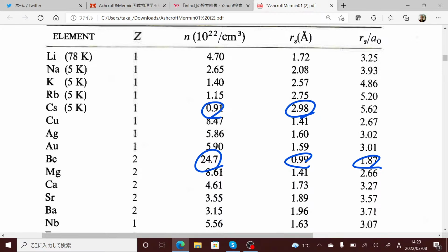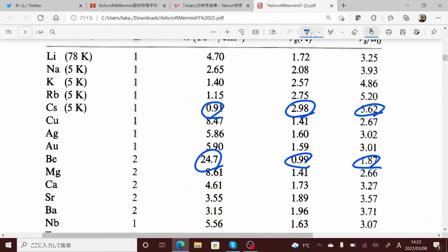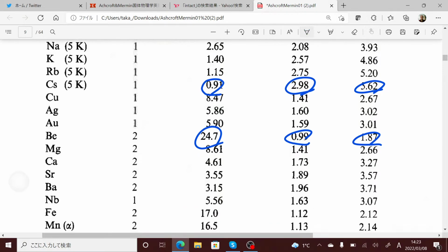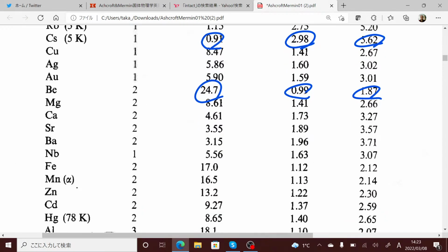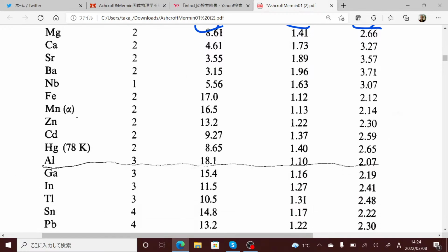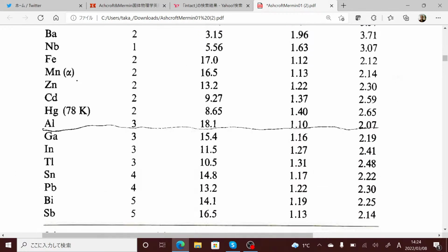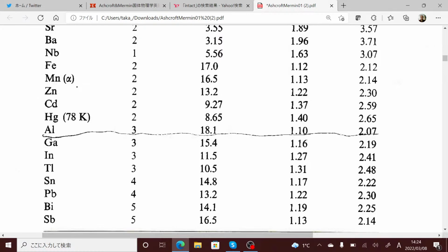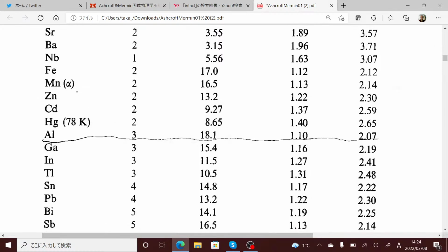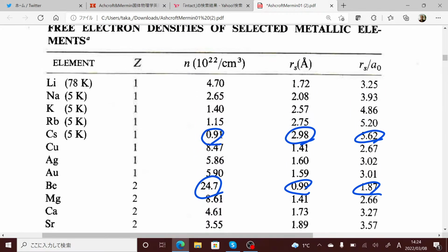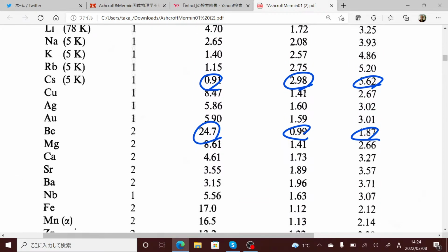Beryllium, cesium, gallium, indium. So rs is almost 1 for some of these.